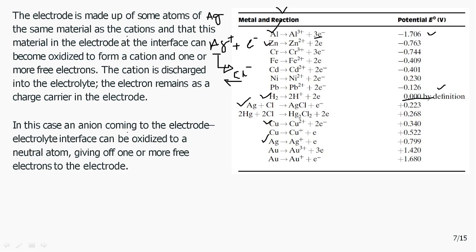An anion coming to the electrode electrolyte interface can be oxidized into a neutral atom, giving off one or more free electrons. They combine to give AgCl compound and some electrons.